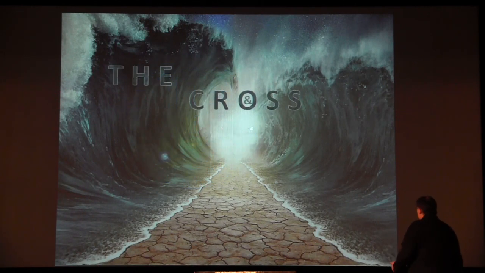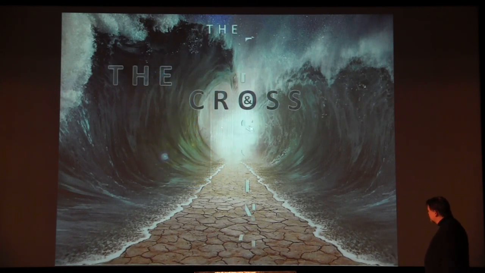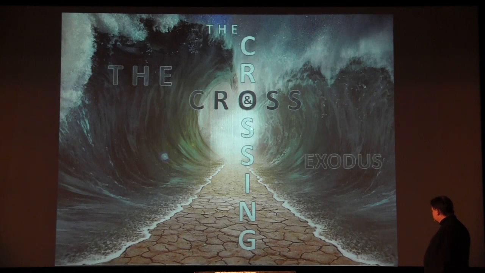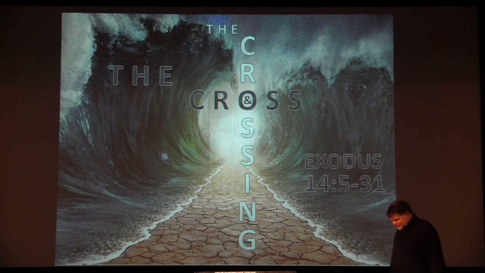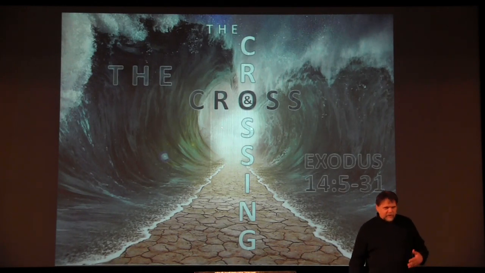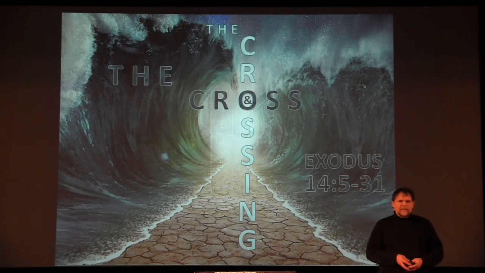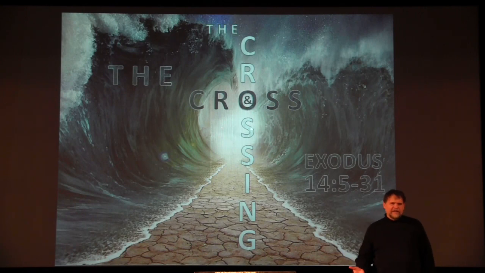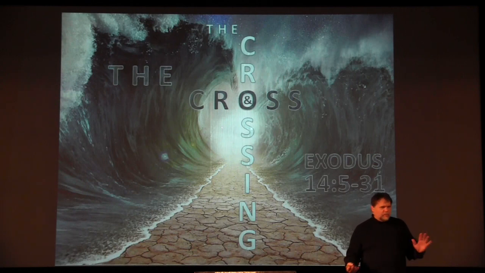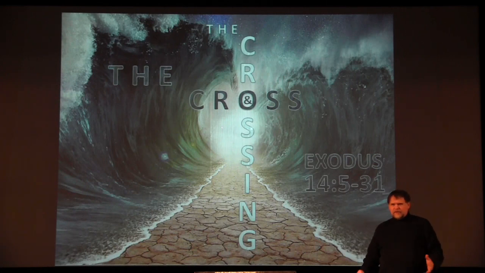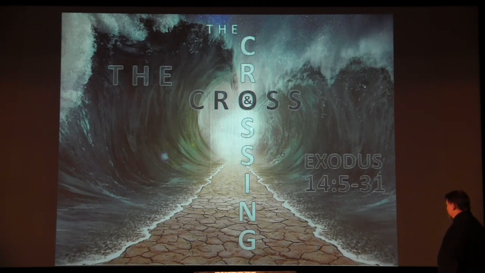So one of the titles is The Cross and the Crossing. What I'm trying to do, when you have something in the form of a cross, they call it cruciform, and art can come like that, and you can put letters like that, and obviously the sermon title is like that, the cross and the cruciform.